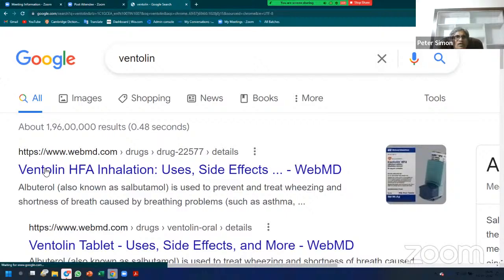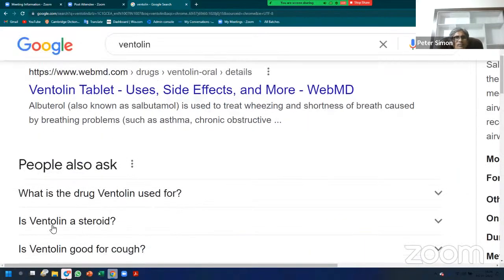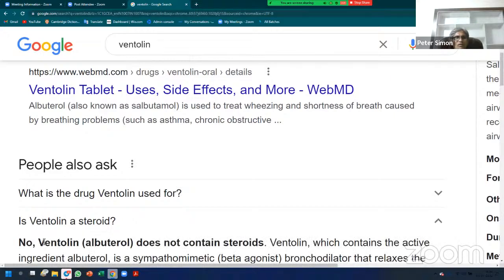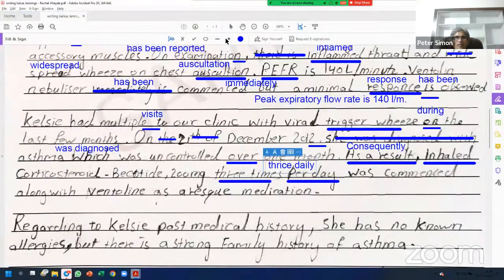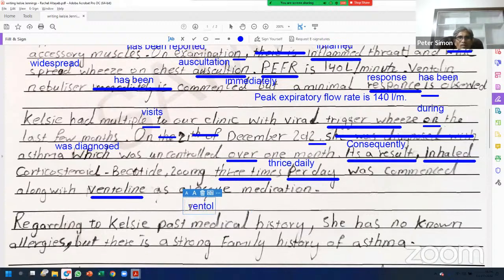So Ventolin is like this: Ventolin. That's all. No E. So you have done another mistake here. So you have to be careful. Next time you write each word 10 times so that in the exam you don't write it wrong.